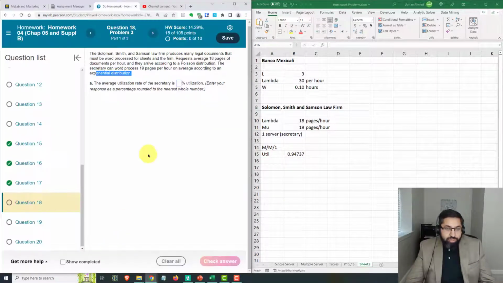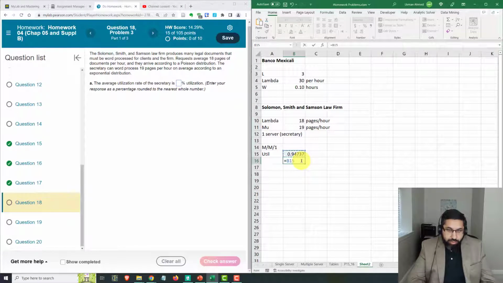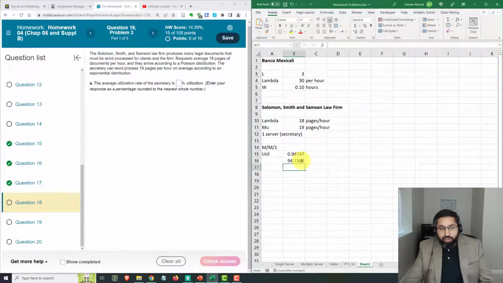Let's see if the question wants it in percentage. It does. And to the nearest whole number. So you have to multiply it by 100 to get on the percentage scale from a probability scale, because probabilities go from 0 to 1. And probabilities going to percentage, they go from 0 to 100%. And so to the nearest whole number will be 95%.